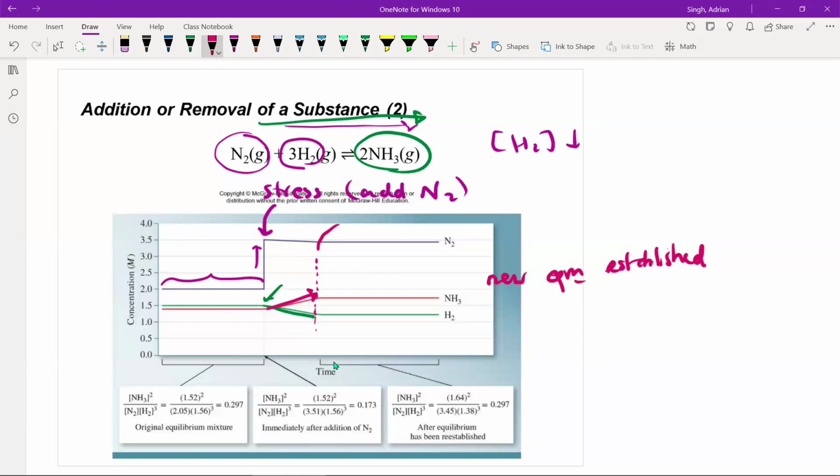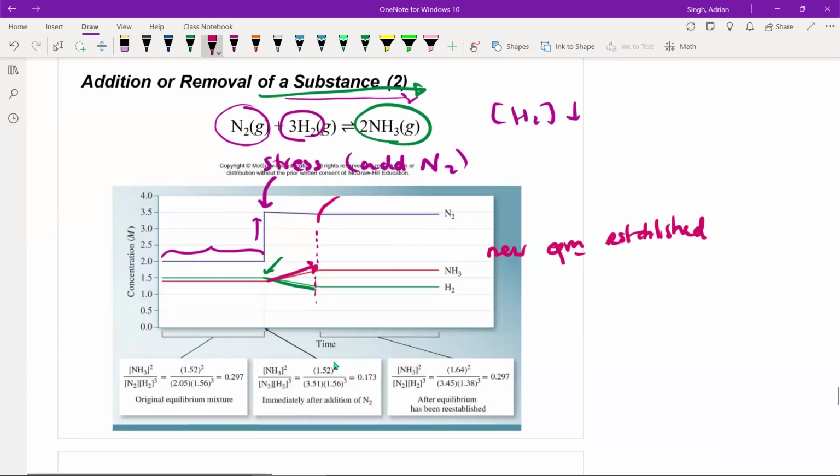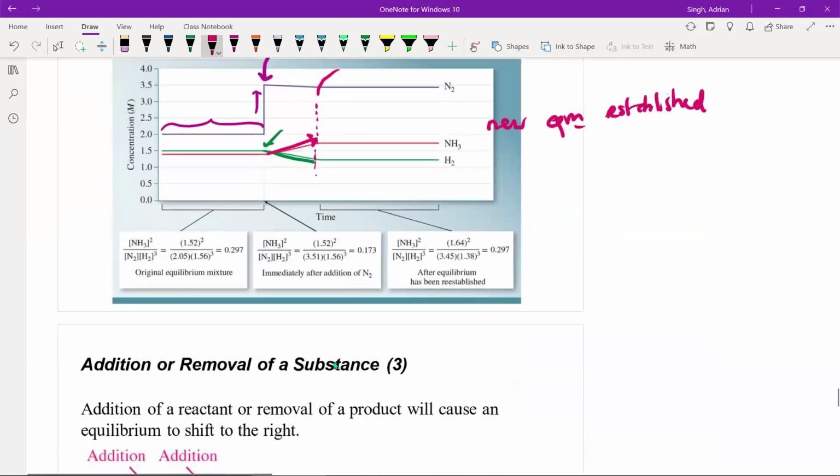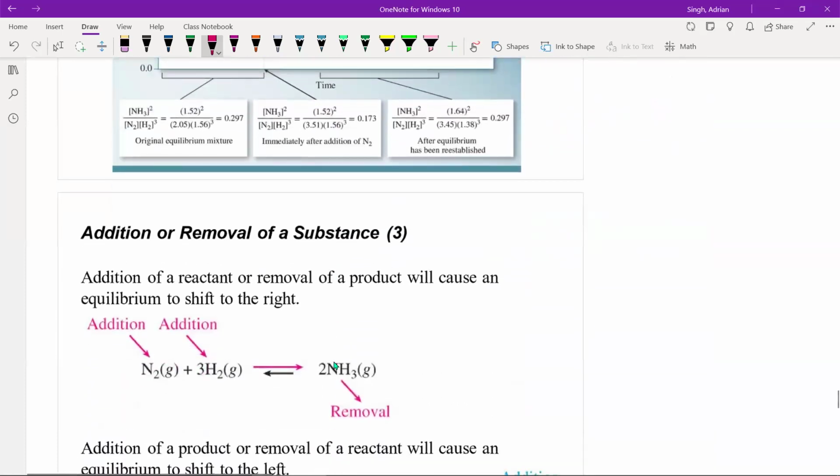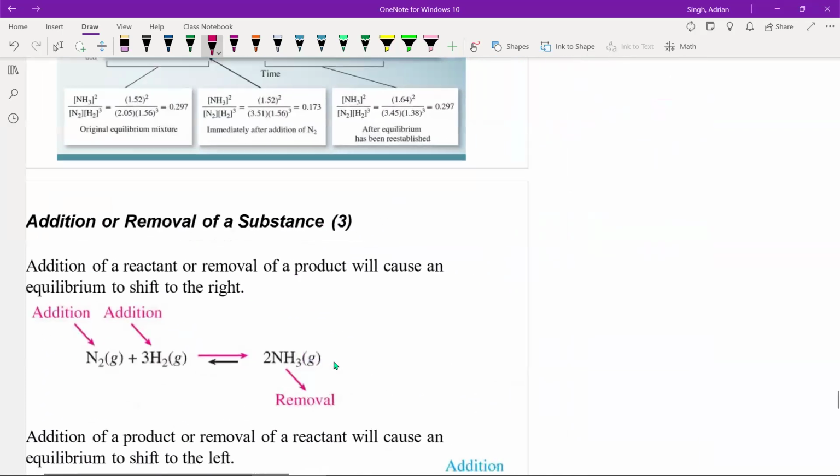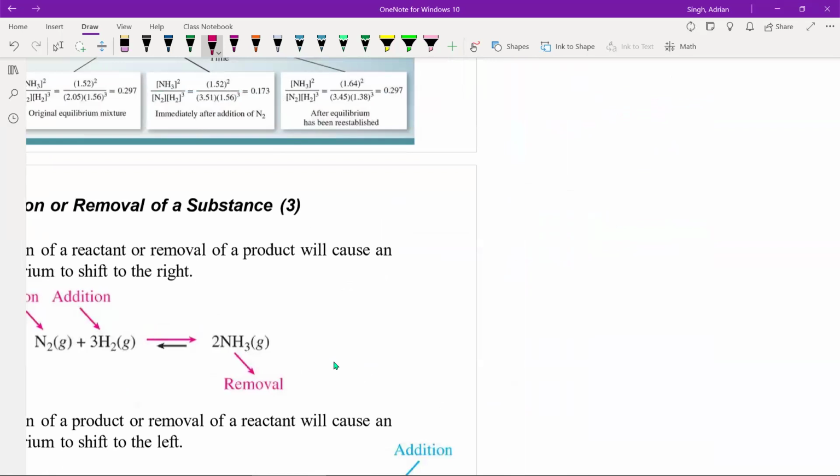Okay, so without doing too many calculations, we can just qualitatively take a look at the changes that are happening as we place a stress on the system. So we can generalize this and say the following.